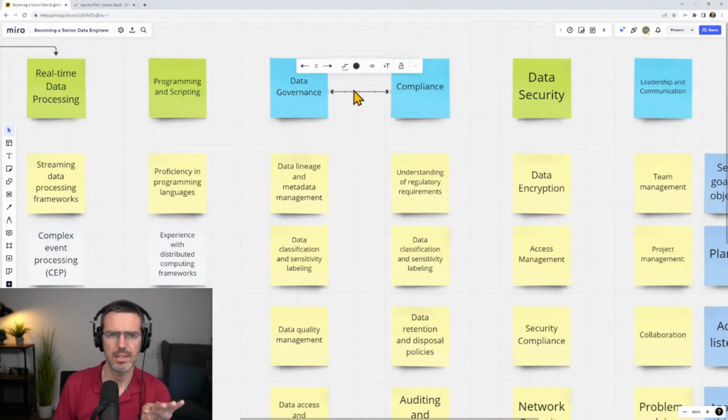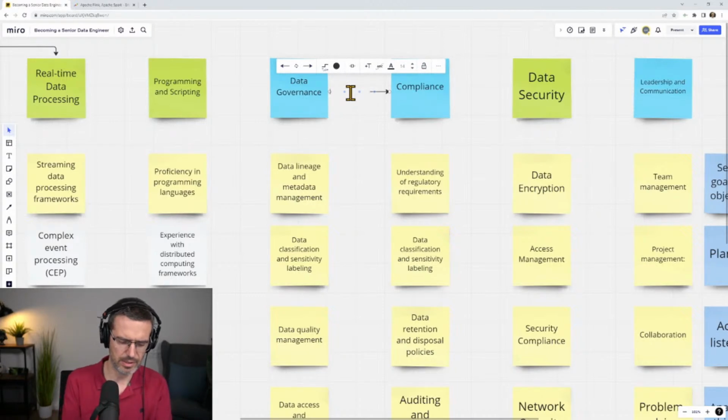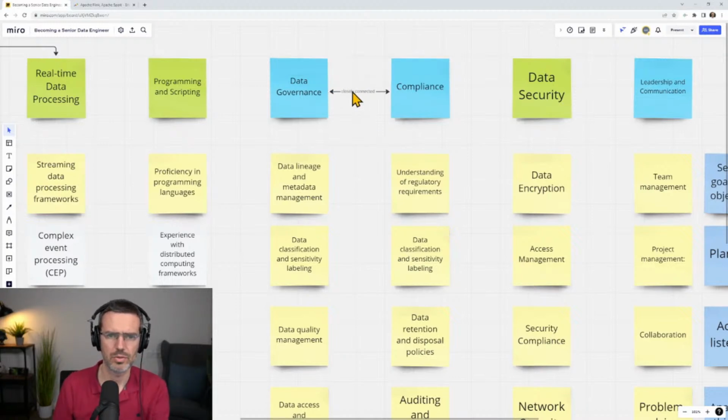Right? These two are closely connected. I'm not sure if that is good English, but I mean, these two are super important.